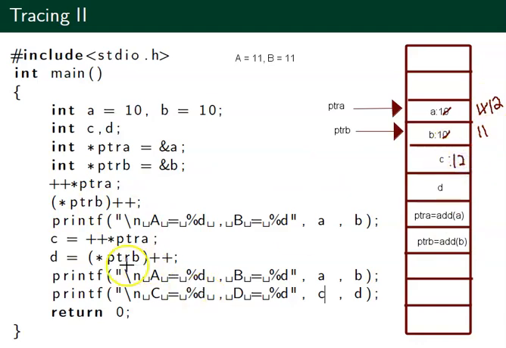Okay, now this is the other way around. First of all, we assign the D to this value before the increment, which is asterisk ptrb, which is this value 11. So the D has the value 11, and then you go and you increment asterisk ptrb. So this becomes 12. Okay, now if you go to these two prints, I will trace them.